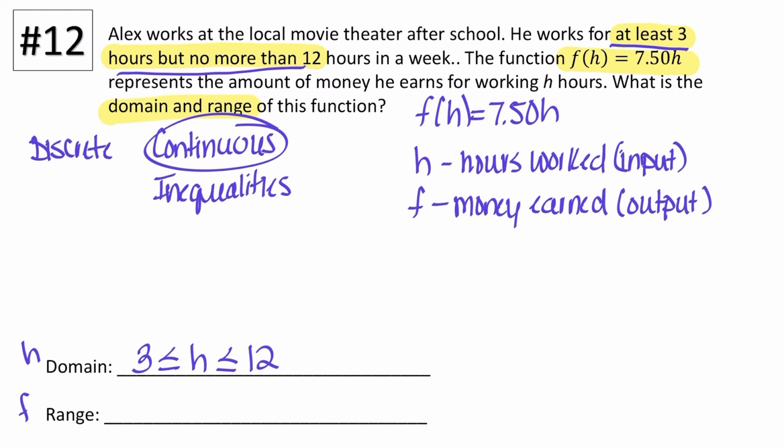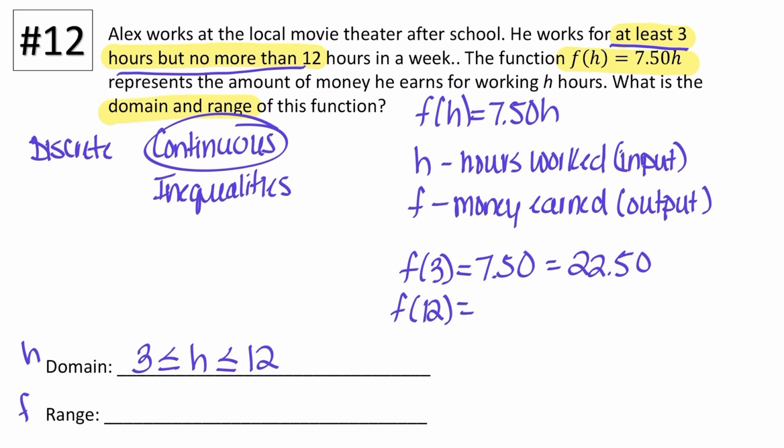So since we have an inequality, we just need to figure out the highest value and the lowest value. So the lowest value will be f of 3, which equals 7.5 times 3. And that is $22.50. Then we need to figure out the highest value, which is f of 12.